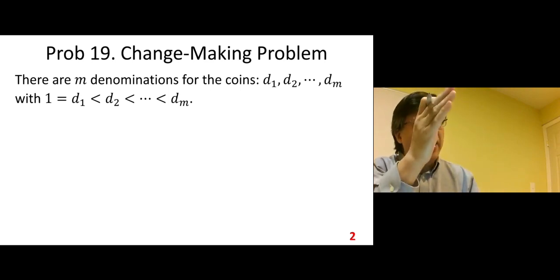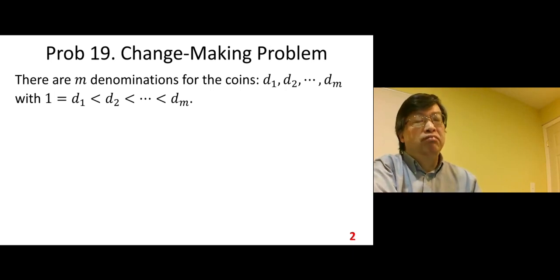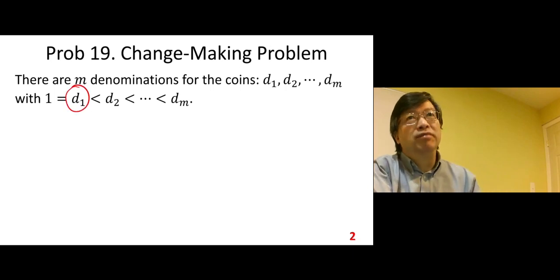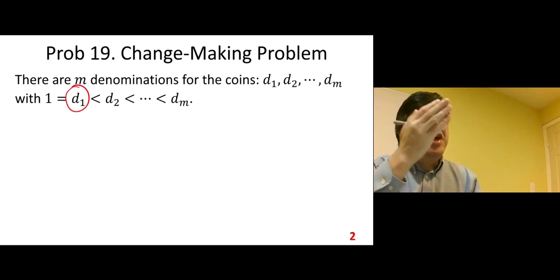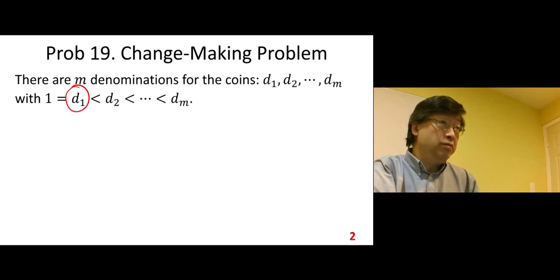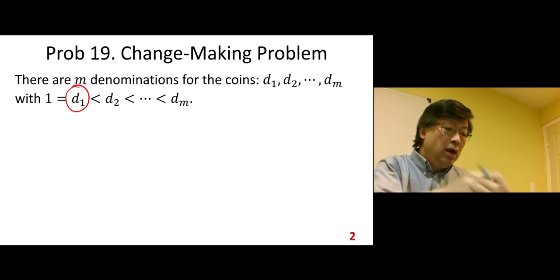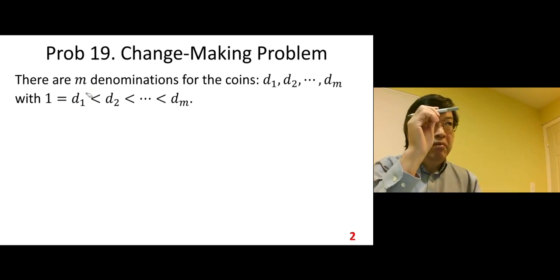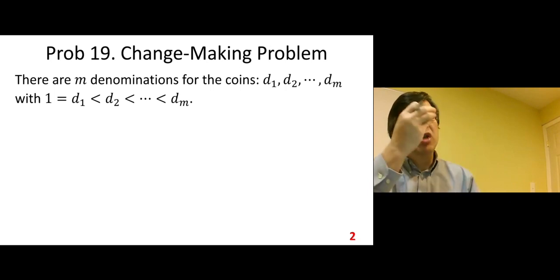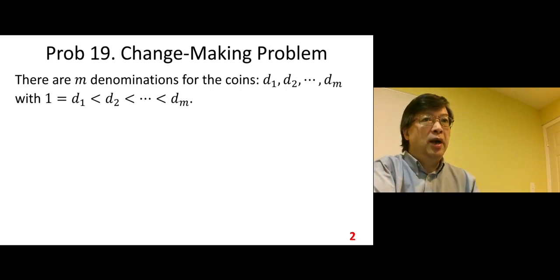Making D1 equal to 1 makes sure we always have a solution, because you can use 1 cent to make any change number. But we want to find the best solution, not just one solution. We know there is a solution, but we want to find the solution with the minimum number of coins.